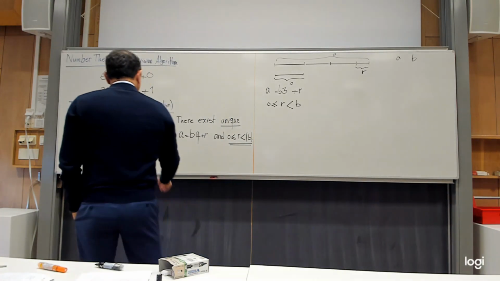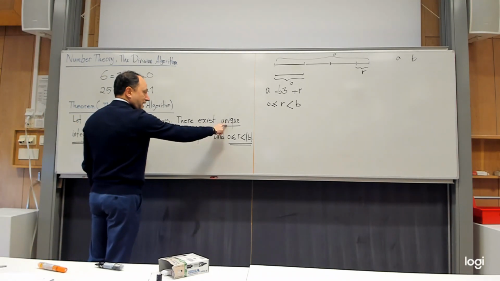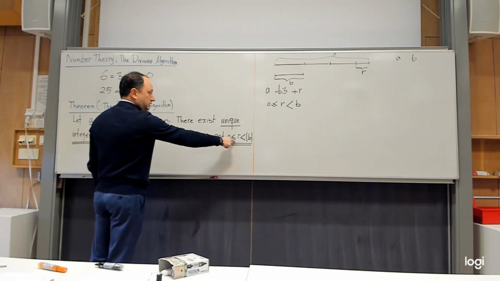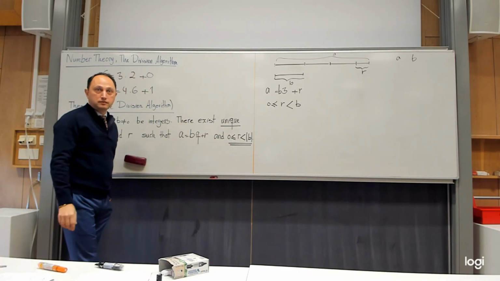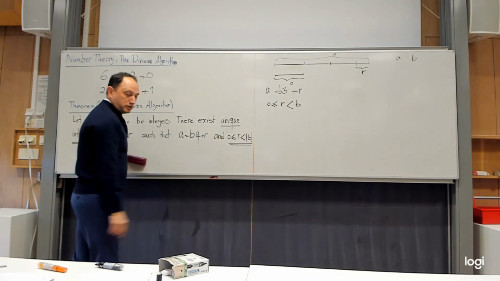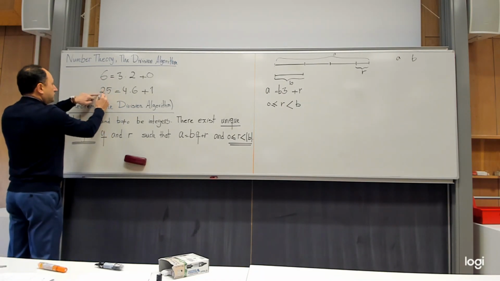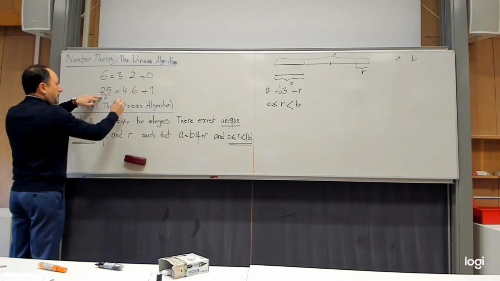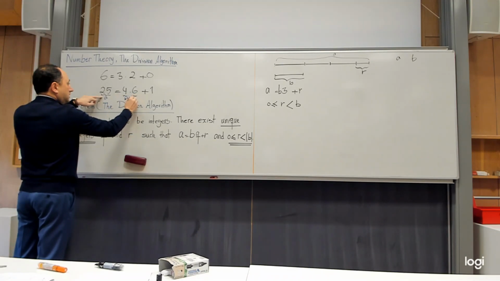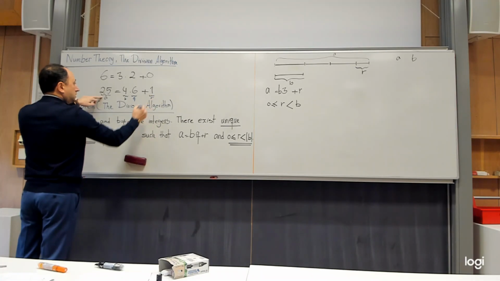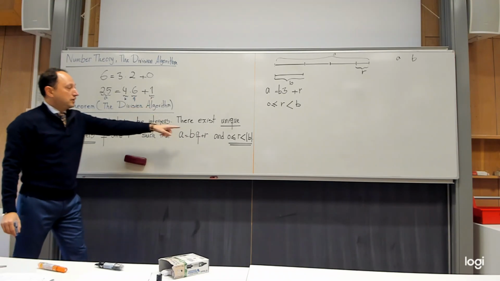Okay, but this is very important. This word means that if you respect this condition, you will not find more than one Q and one R. For example, if I write 25 playing the role of A and 4 playing the role of B, this can be Q and this can be R. Do you think this R that I have written here satisfies this condition?